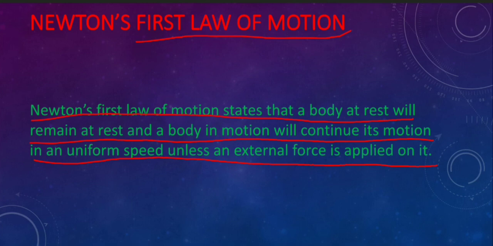If an object is moving and there is no external force, then the object will not stop, and a body at rest will not move until a force is applied on it. This is Newton's first law of motion, and it describes inertia because it resists the change in the state of motion or state of rest.